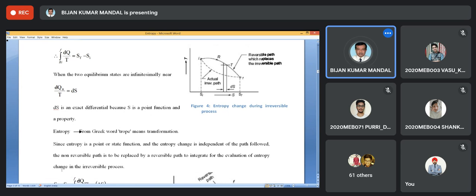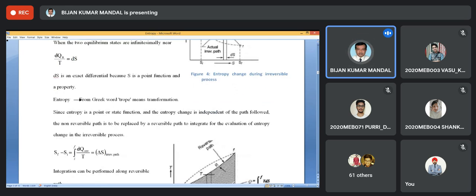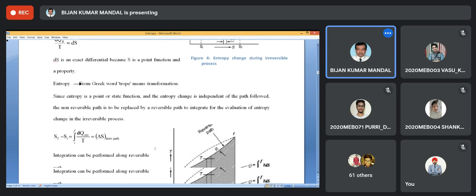Since entropy is a point function, it doesn't matter what path it followed, whether reversible, irreversible, whatever it may be, the change of entropy will be the same. So that's why for the calculation of entropy between two state points for an irreversible path, it is replaced by the reversible path, and then the entropy is calculated.